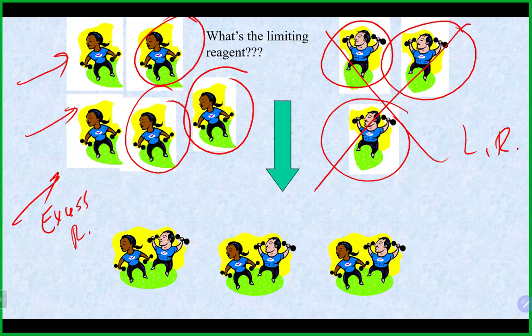So sometimes people think, oh, it's just like the smaller number of moles or whatever it may be, and that's not always the case. So there has to be some type of calculation that is done in order to determine which one is the limiting reagent. It may not always be the smaller numbers. So it's really important that you do a calculation and not just go by the smallest number.